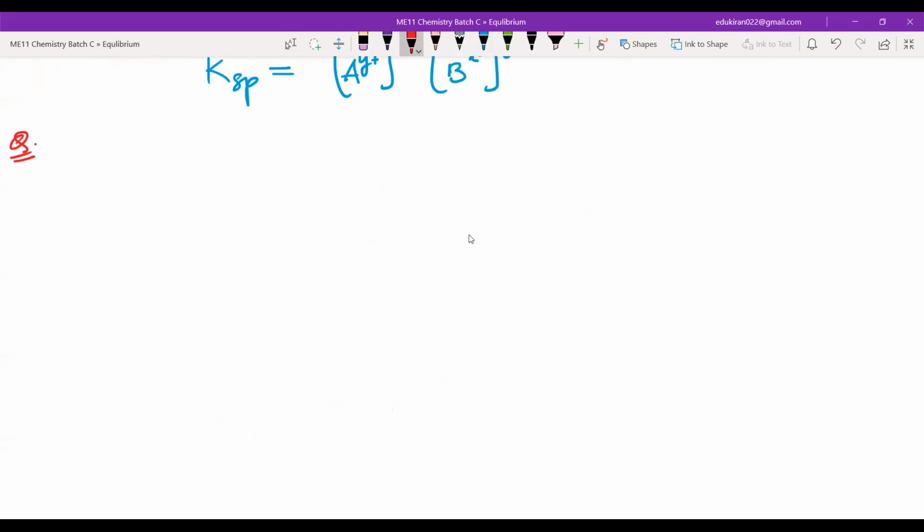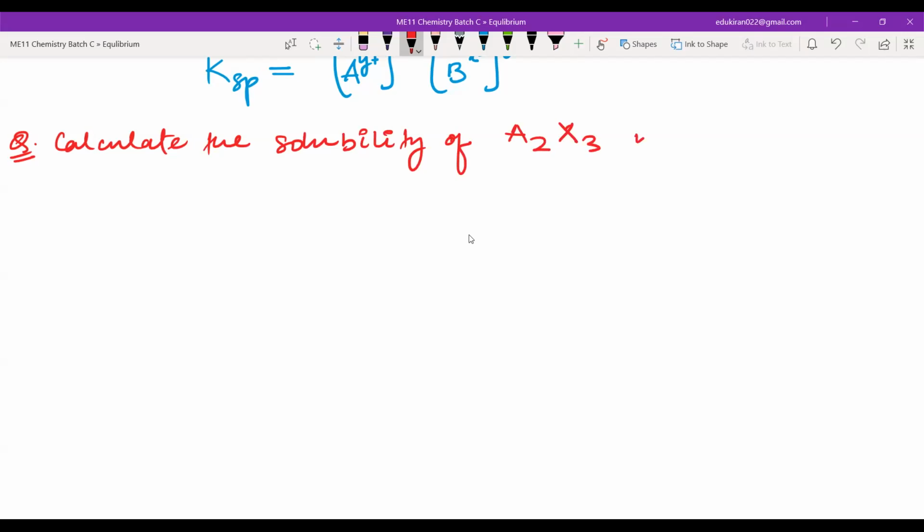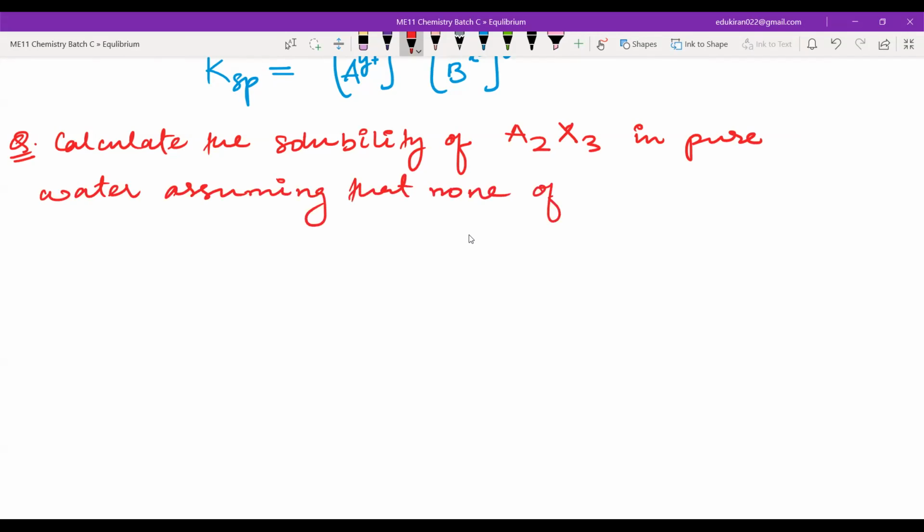Calculate the solubility of A2X3 in pure water, assuming that none of the ions react with water.